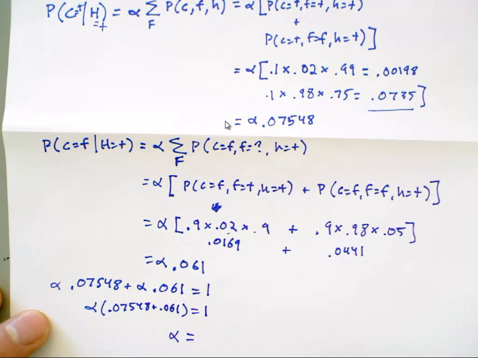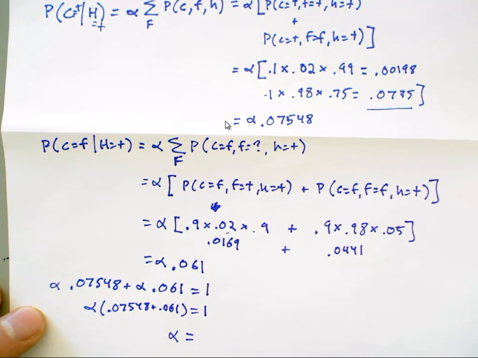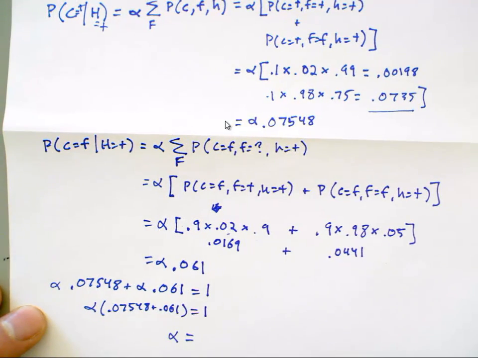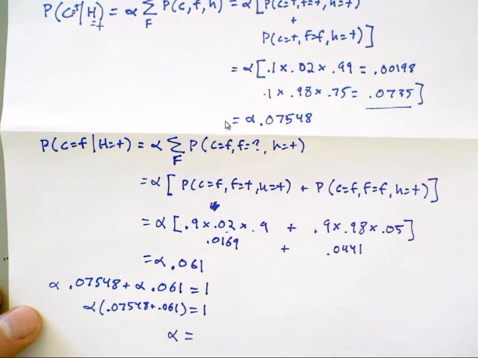Matt, could I ask you to do a division for me? Could you divide 1 by 0.07548 plus 0.061? I guess you should probably do an addition first before you do the division. Can you add these two numbers?